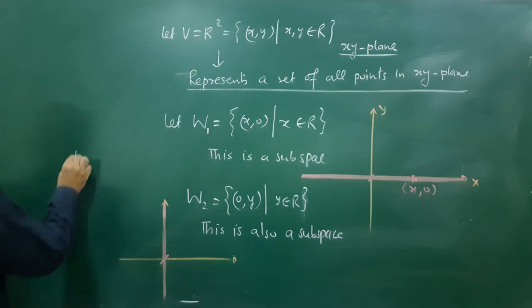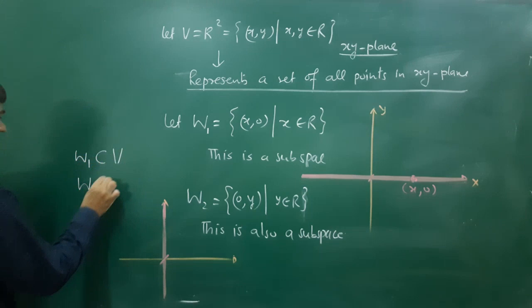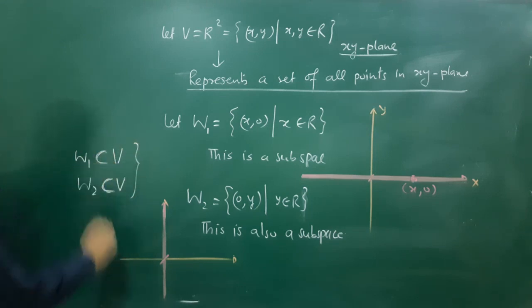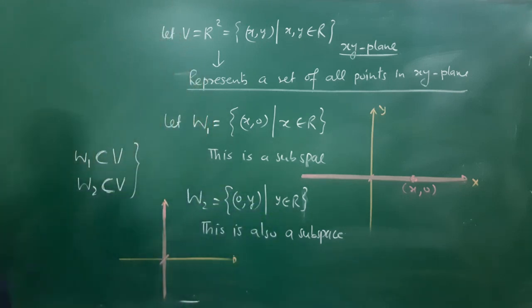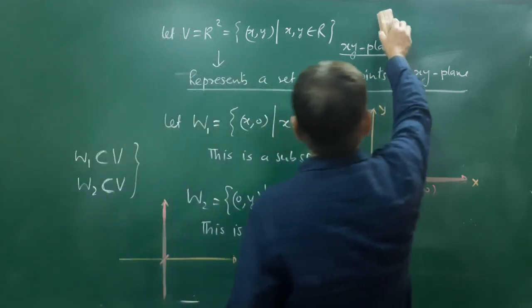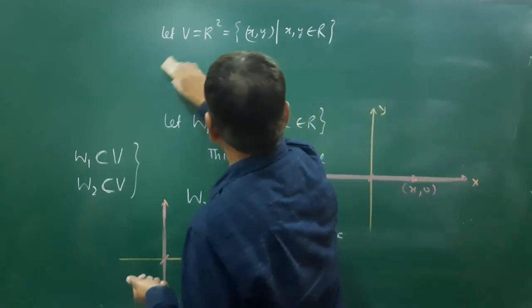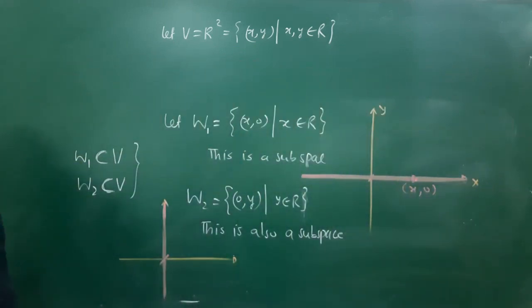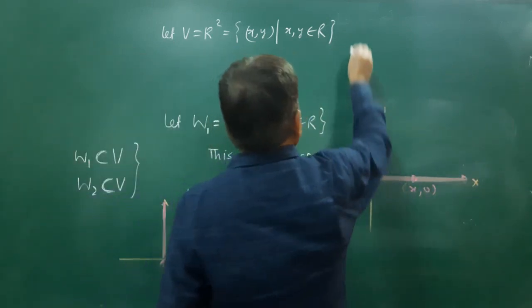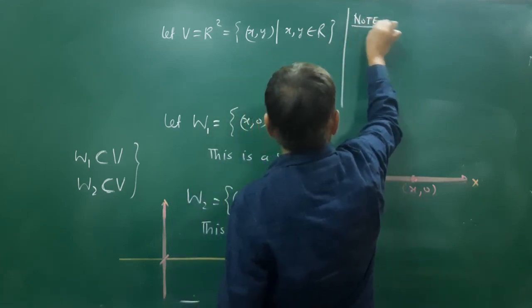Okay, you remember W1 is a subset of V, and W2 is a subset of V. Now a very important note, I write it here.